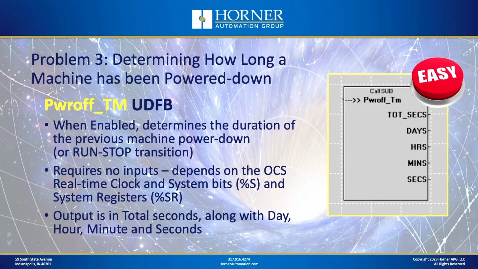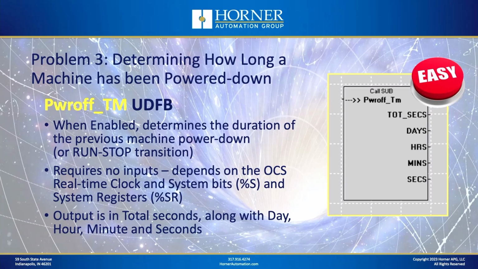And then the output it provides is two things. One is a total number of seconds. So if all you're interested in is seconds, it'll tell you it was powered down for 15 seconds, or 30 seconds. Or if it's been a month, it would be a month's worth of seconds in that total seconds output. And that's a double integer value because those numbers could get big.